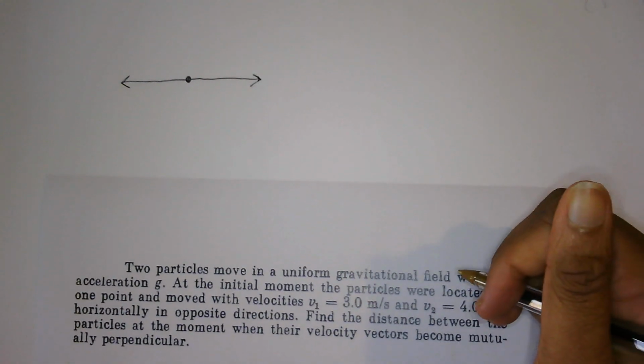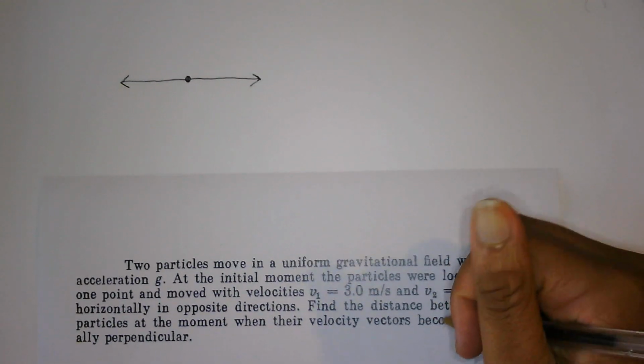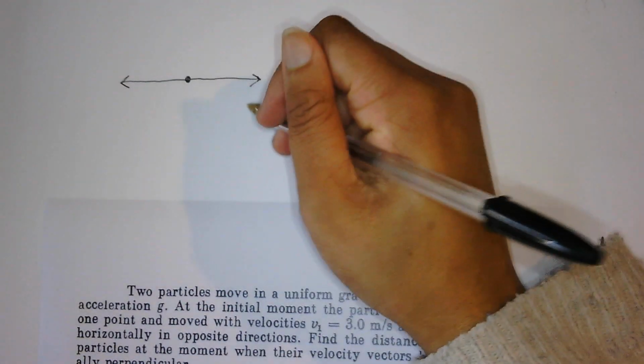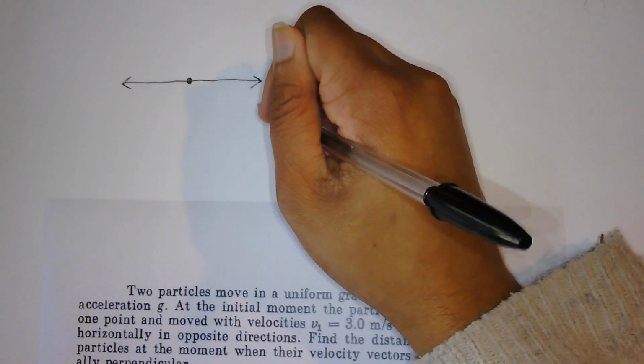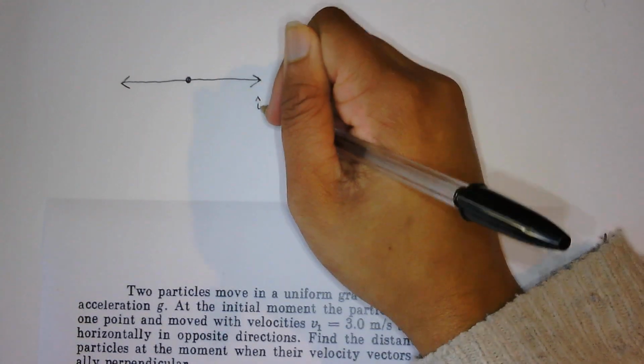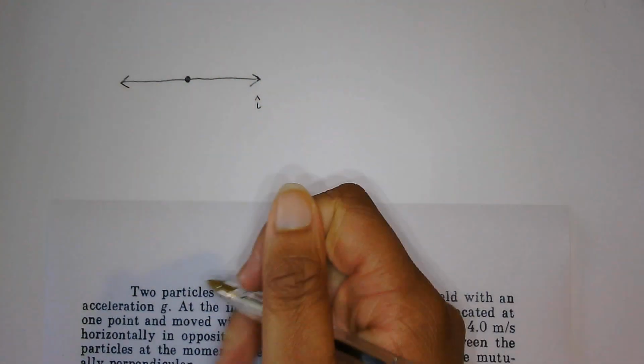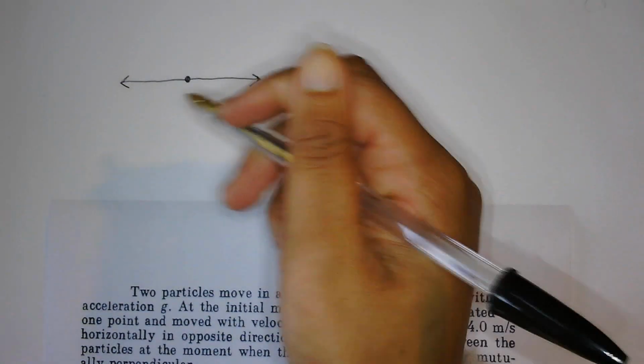And now I'm going to use some notation here to show the directions. I'm going to call this direction positive i, and that's a unit vector, which I will explain in a bit.